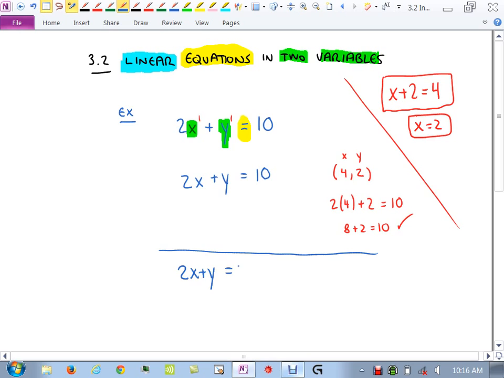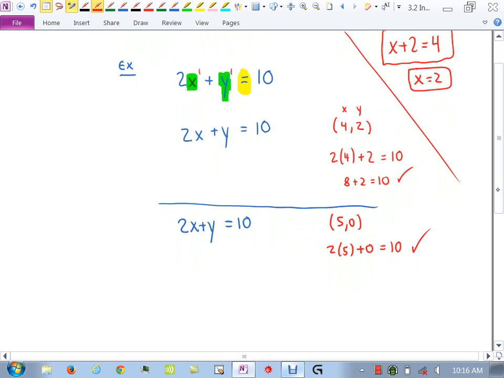So somebody else give me a different solution to that equation. 5 and 0. Do you all agree? Yes or no? Plug them in. 2 times 5 plus 0, does that equal 10? Yes. So 4, 2 works. 5, 0. Are there any more? -2 and what? 14.